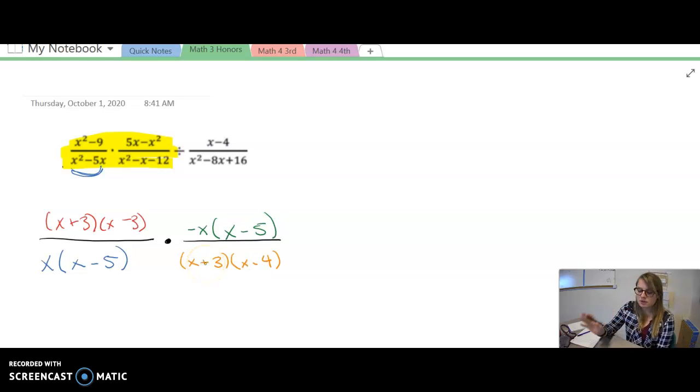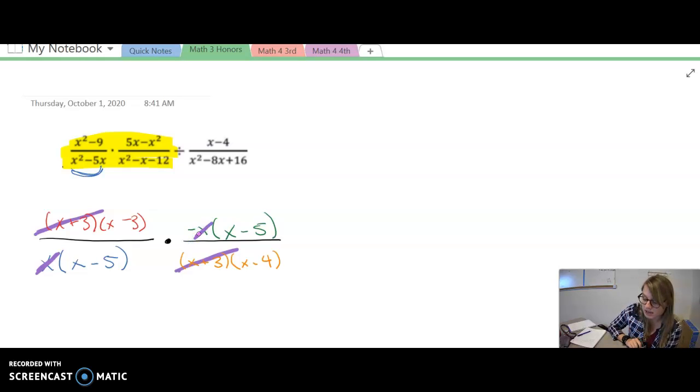Alright, so now that we have everything factored, I need to cancel some things out. So I'm going to start from the left. So we have x plus 3. Well, there's an x plus 3 diagonally away, so these are going to cancel. X minus 3, nothing else cancels. Now I'm going to move to the bottom. X. Well, my x cancels my diagonal x.